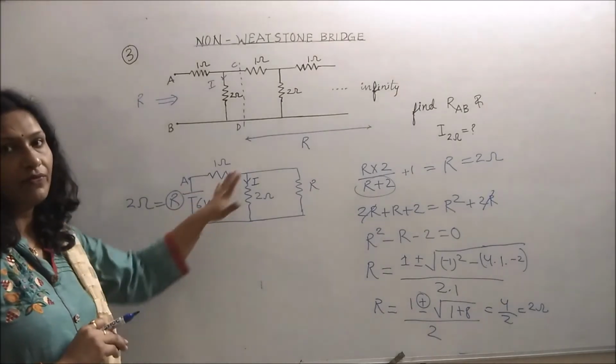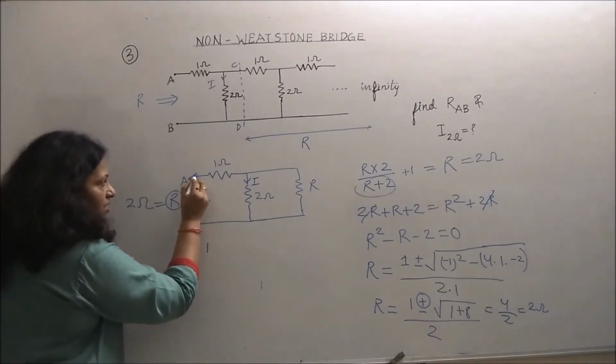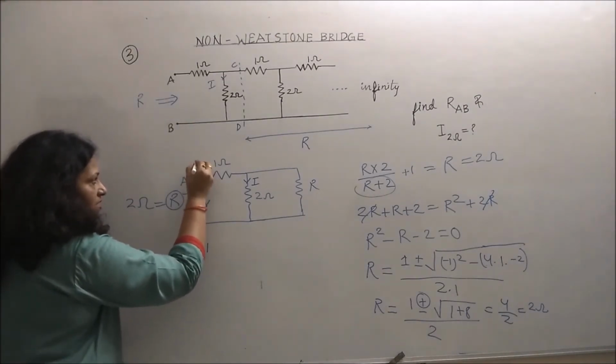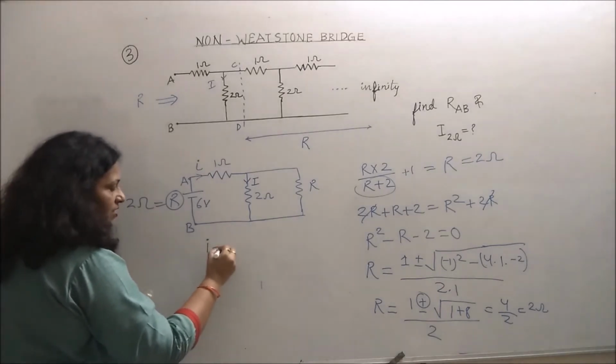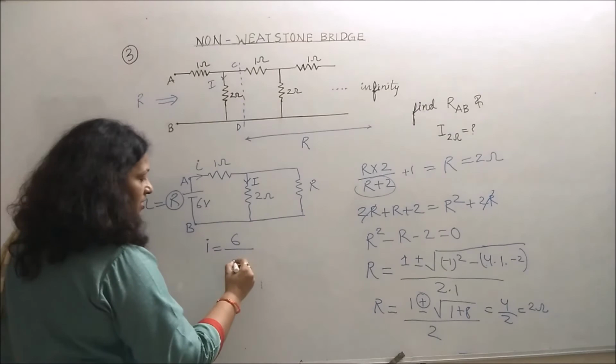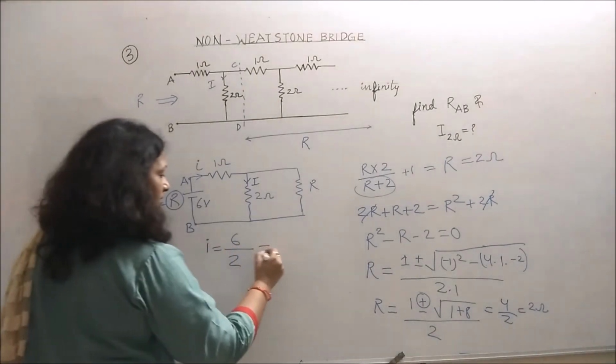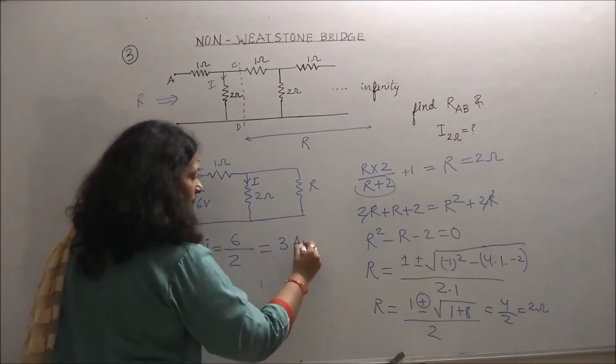Then the current originating, suppose this current is small i, would be equal to the battery voltage divided by the equivalent resistance. So here it comes equal to 3 ampere.